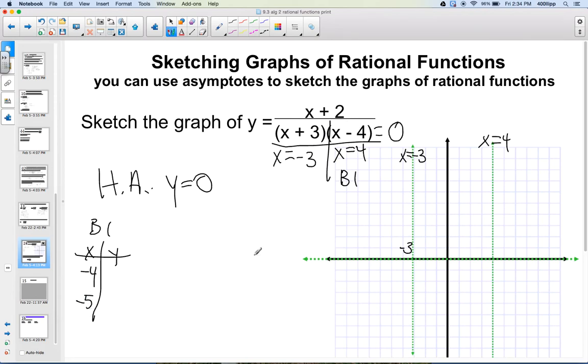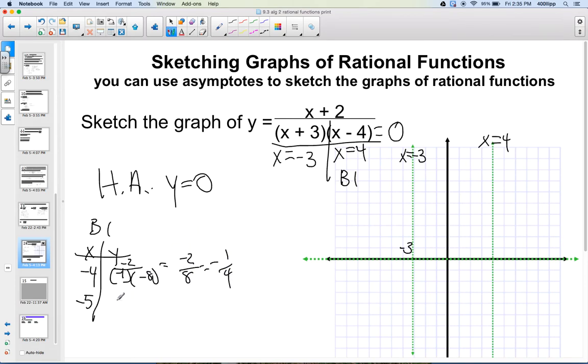So we'll plug in -4. We get -4 plus 2 is a -2. -4 plus 3 is a -1, times -4 minus 4, which is a -8. So we get -2 over 8, or -1/4.